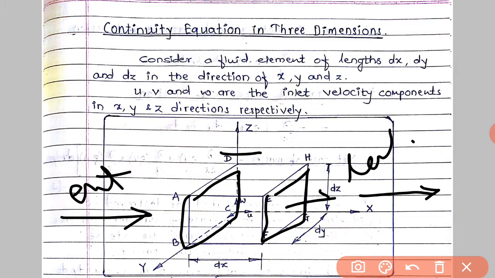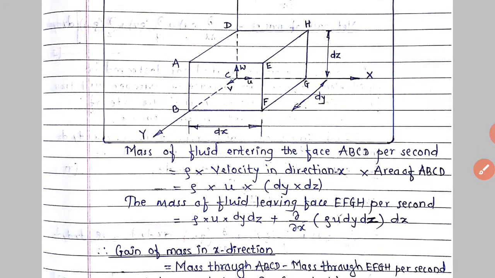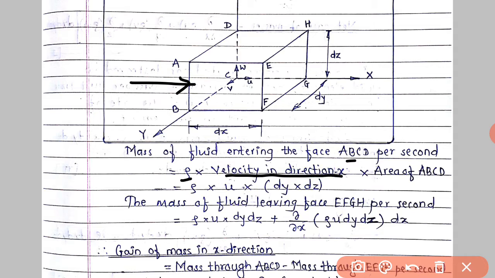Now the mass of fluid entering in the x direction through ABCD is given by rho into velocity in direction x into area ABCD, so rho u dy dz. This dy dz will be the area.